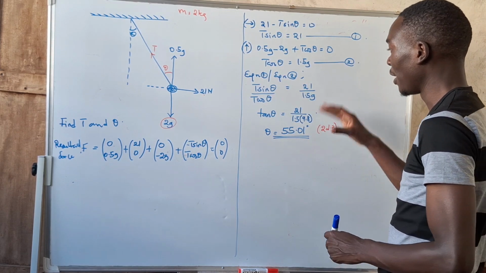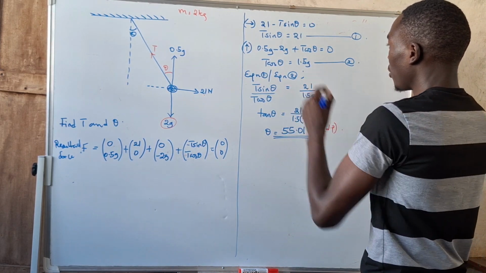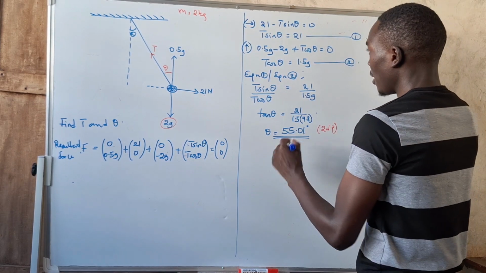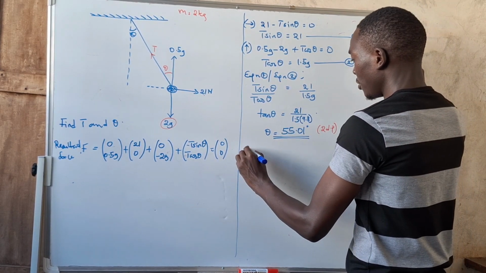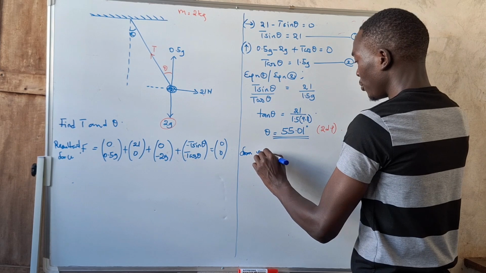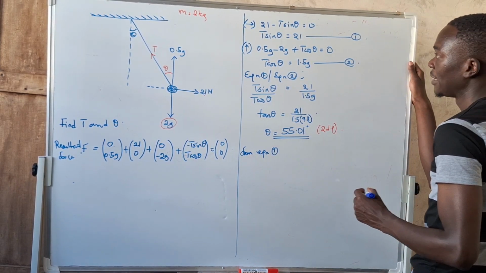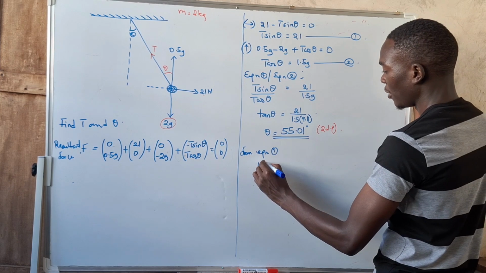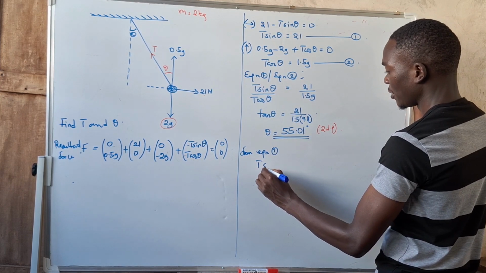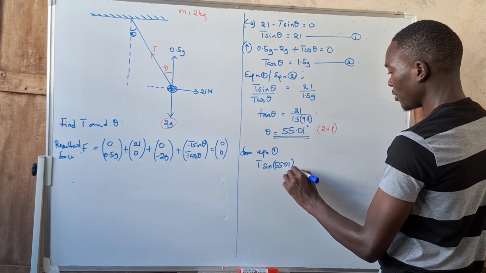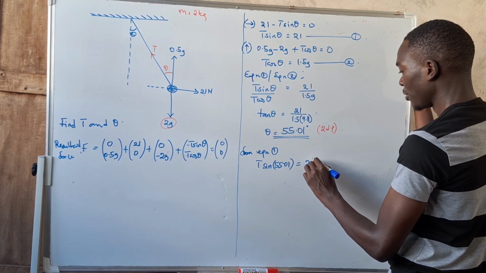Now, having the angle theta, we can go ahead and find T using either this equation or this one. If I choose equation 1, you'll see that we have T sine of 55.01 is equal to 21.